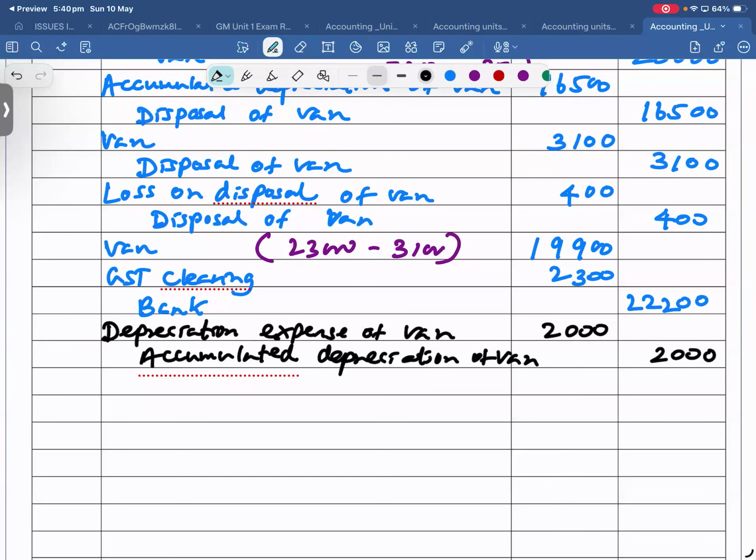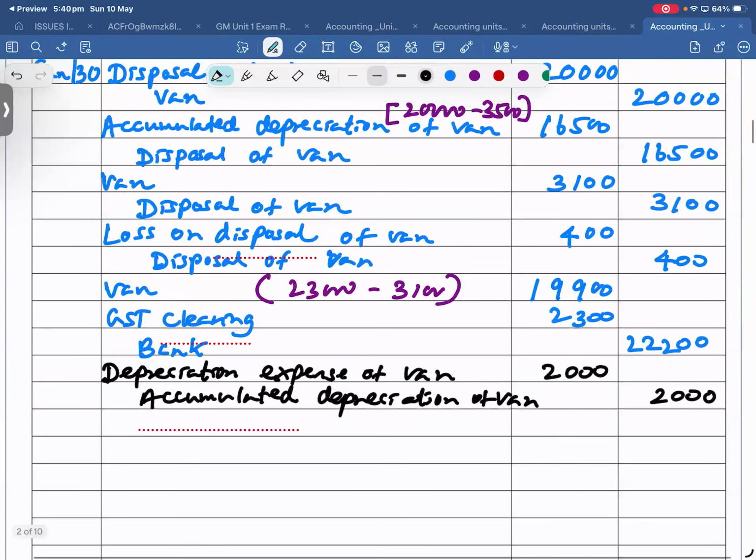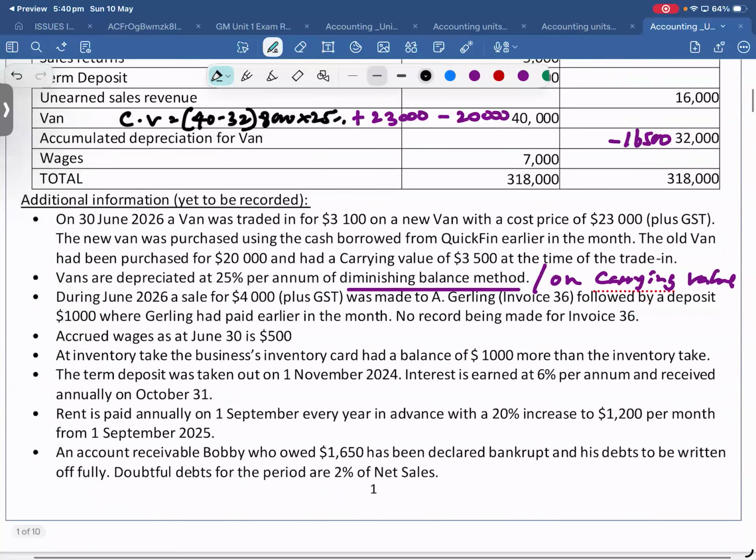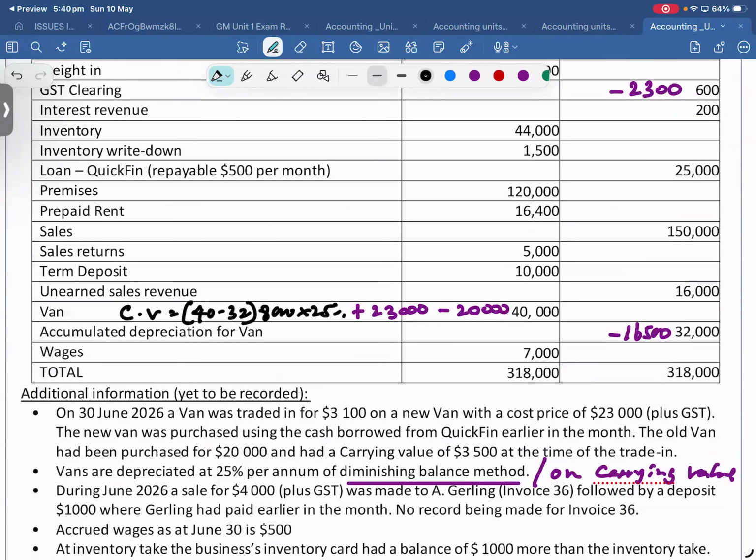Okay, guys, then what do we do with this 2,000? So 2,000 you would add to the accumulated, right? Now we can update the accumulated.